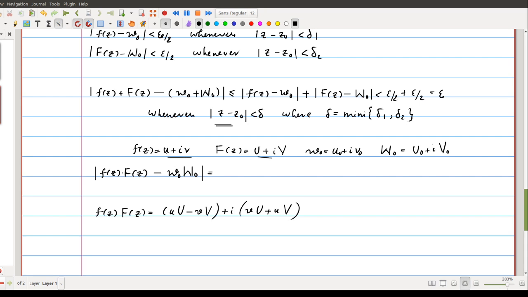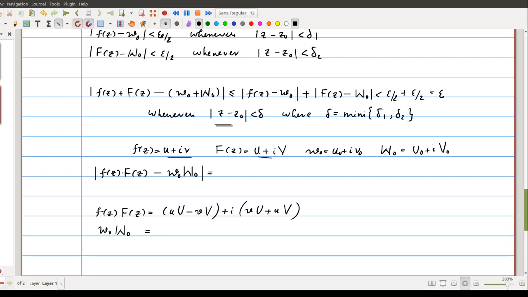So you can easily get that the real part is the real part of small f(z) times the real part of capital F(z), minus the product of the imaginary parts. You can easily get this expression. As an exercise, take small f(z) into capital F(z) and consider omega naught and w naught.